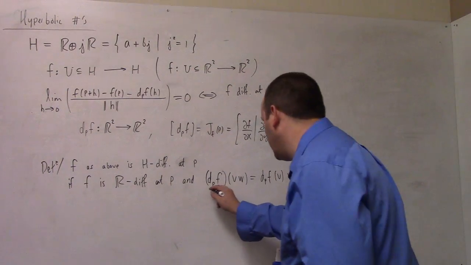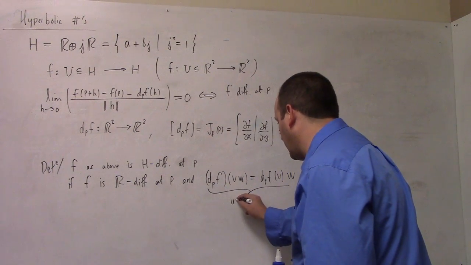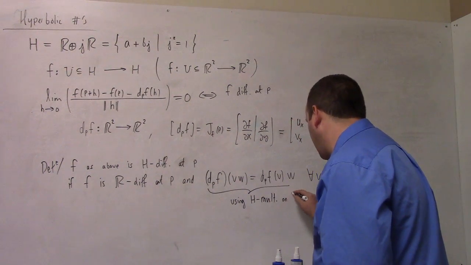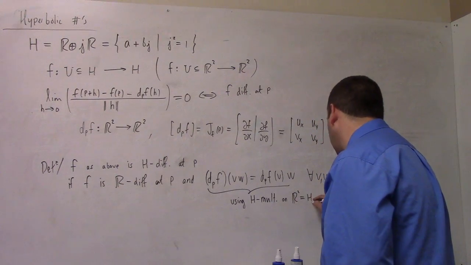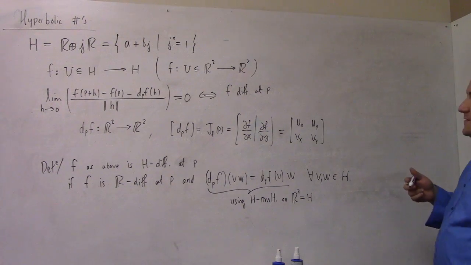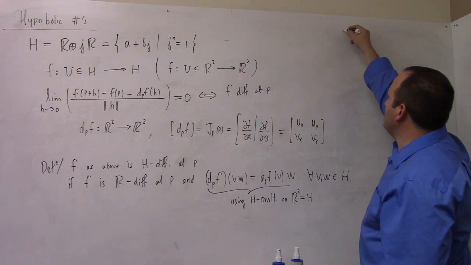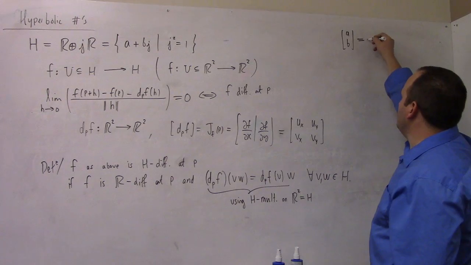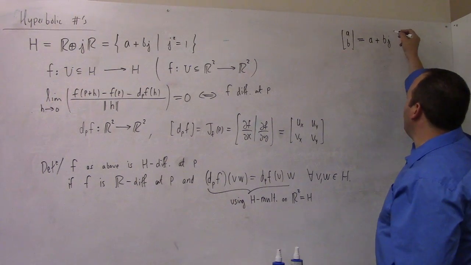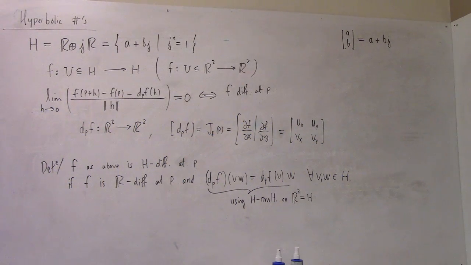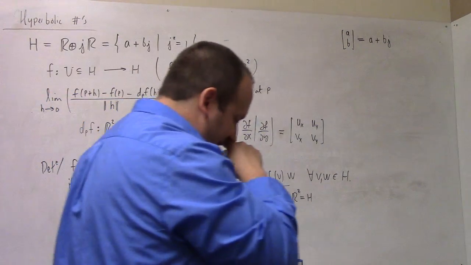Here, this is using the h multiplication on R2, where we're saying R2 is the hyperbolic numbers. The identification being made is that this two-dimensional vector (A, B) is equal to A plus Bj. This is just like what we do in complex numbers, where sometimes we trade a complex number for a two-dimensional vector.